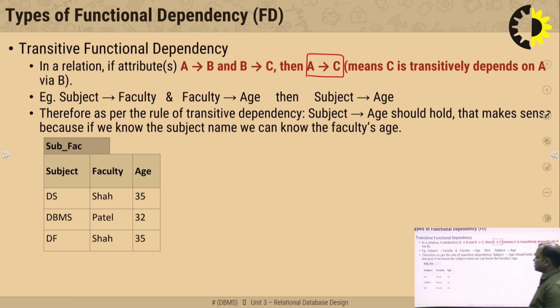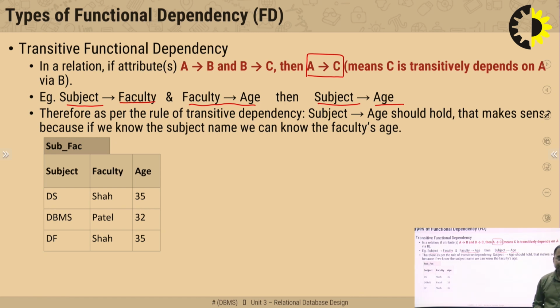Like if a subject determines some faculty, and the faculty's age is determined by that faculty, we can say that with the help of the subject we can find the age of that faculty. This is an example of transitive dependency.